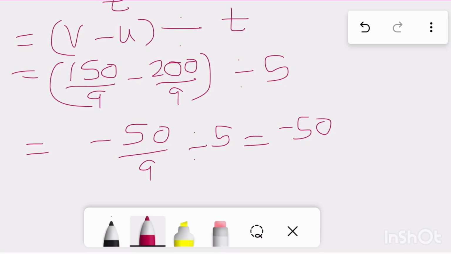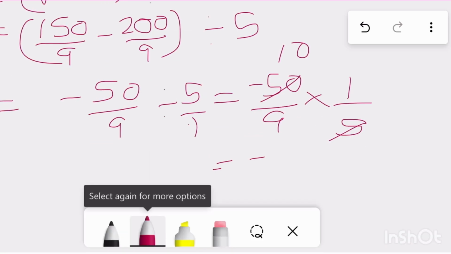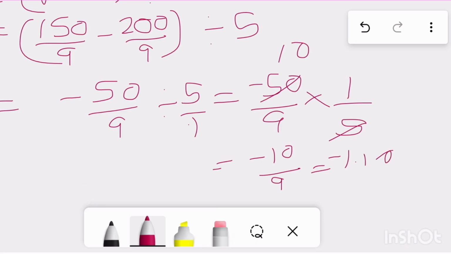Now divide, you can change to multiply and take the reciprocal of 5. 5 is same as 5 by 1, so into 1 by 5. Cut it, you will get minus 10 by 9, which is minus 1.1 meter per second square. Why negative? Because velocity is decreasing.